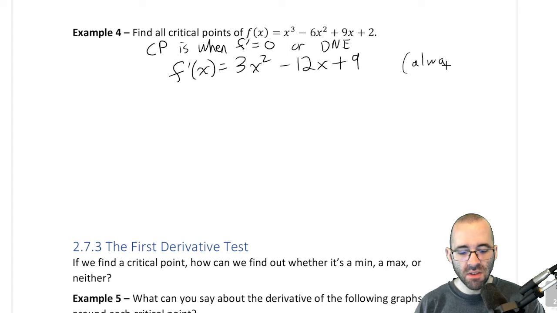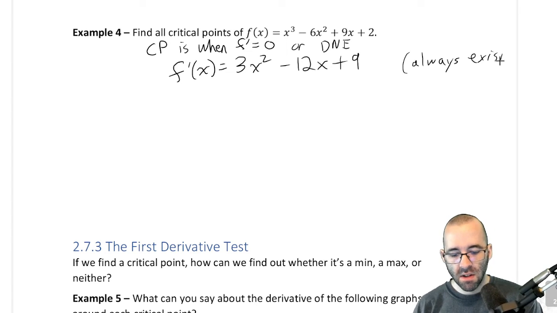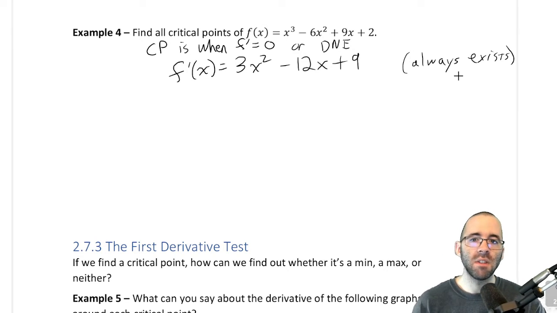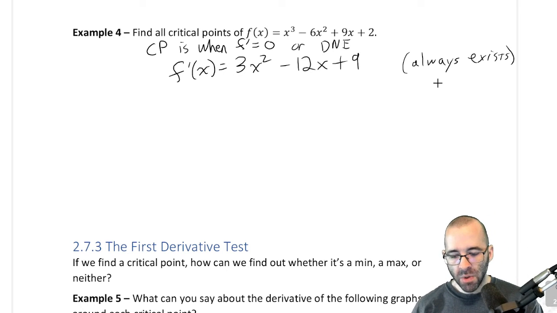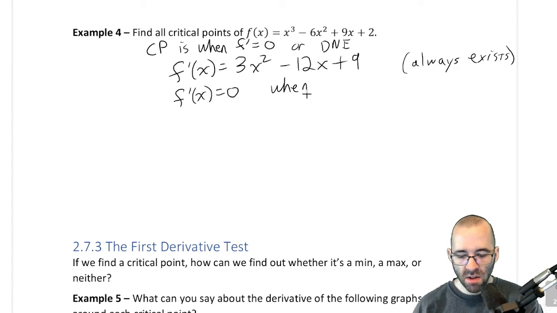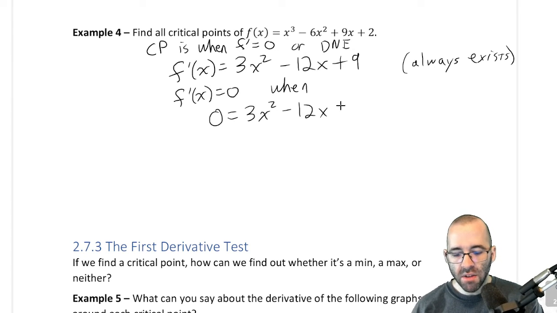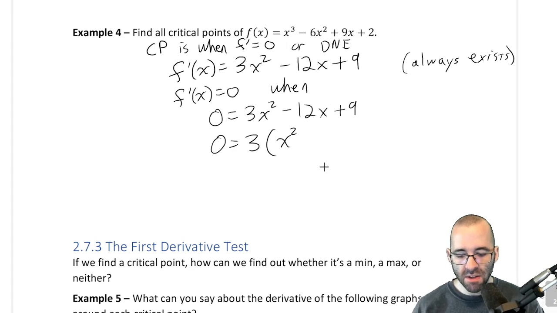First off, notice that this always exists. This is a quadratic function. The domain is everything. There's no value of x that makes this not exist. So we just need to find when this derivative is equal to 0. Let's set it equal to 0 and solve this equation. Feel free to review factoring if you need to, but we'll factor out a 3, our greatest common factor.